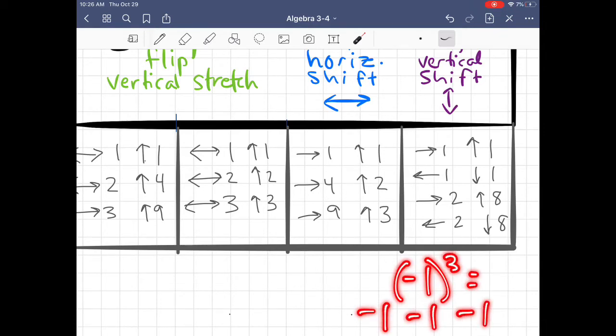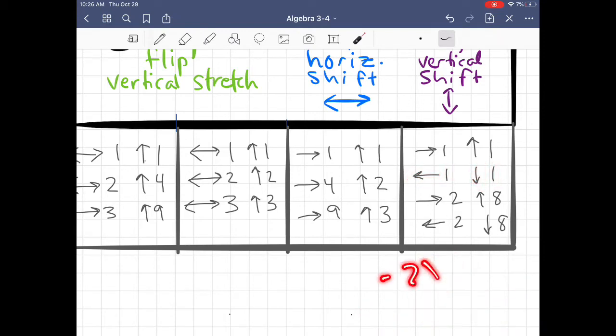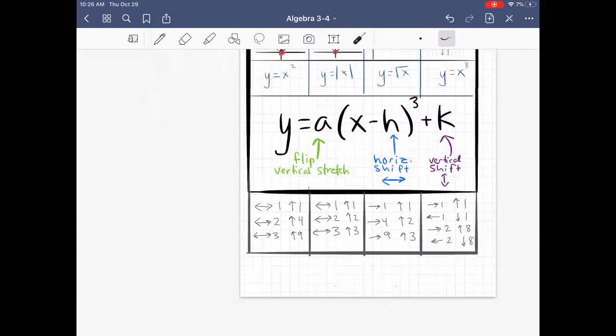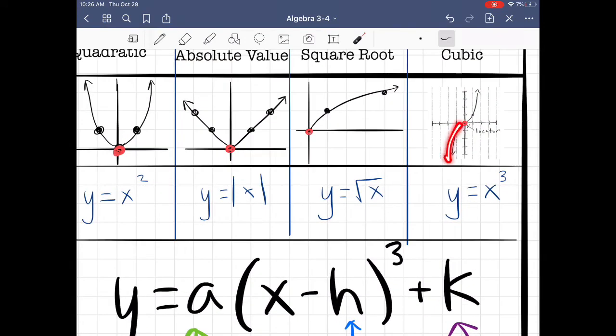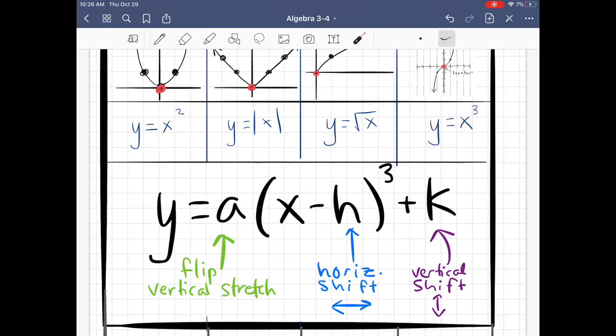So negative 1 times negative 1 times negative 1 is a negative 1. And that's why we go down, because it's negative. So when we go left, we go down. When we go left by 2, we would go down by 8. And likewise. So this is the cubic function, has a 3 in the symbol, and the exponent.